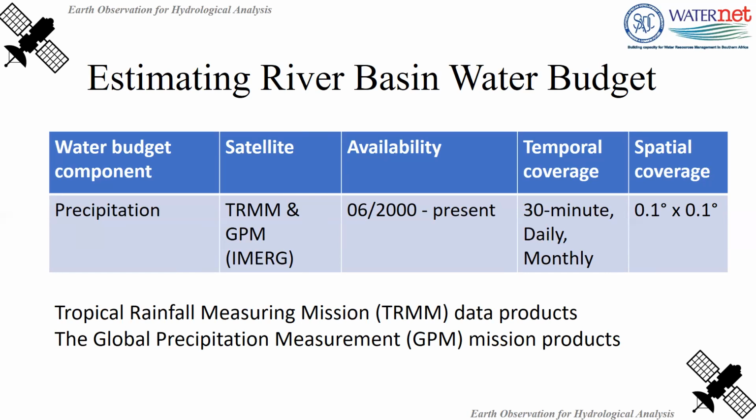And these are data sets that are available from 2000 up to now. And they are available at daily and monthly temporal scale, but also spatially, our grids are 0.1 degrees.